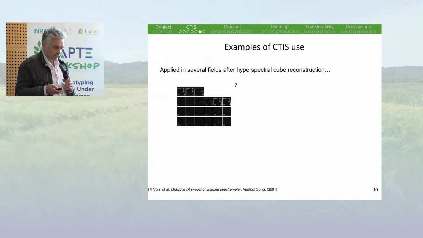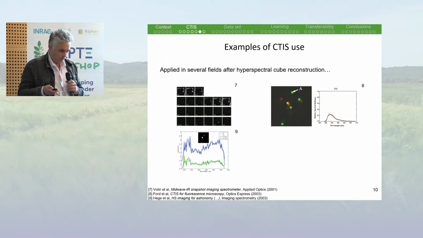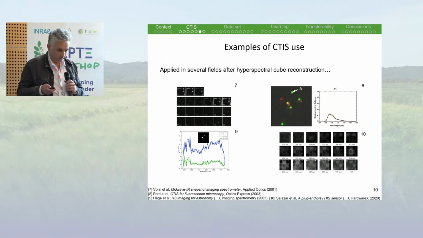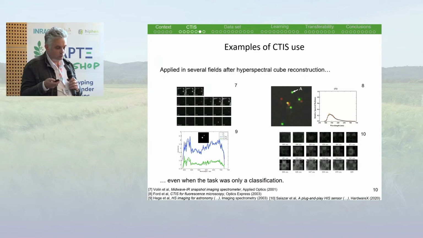This CTIS has been introduced some 30 years ago and has been applied in different domains of spectrometry. And what was striking for us is that it was even used when only a classification task was targeted. And when only a classification task is targeted, maybe we don't need to do the reconstruction.